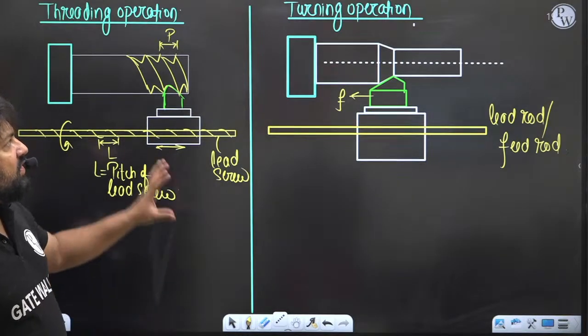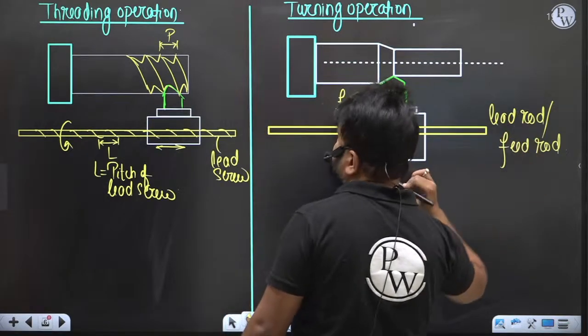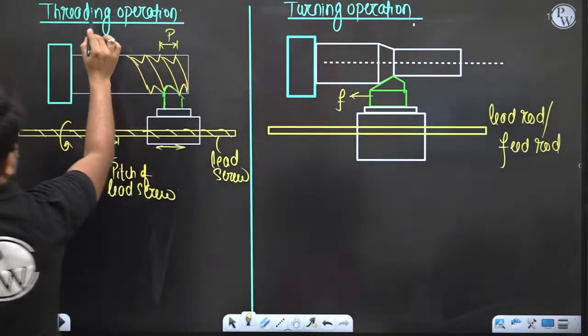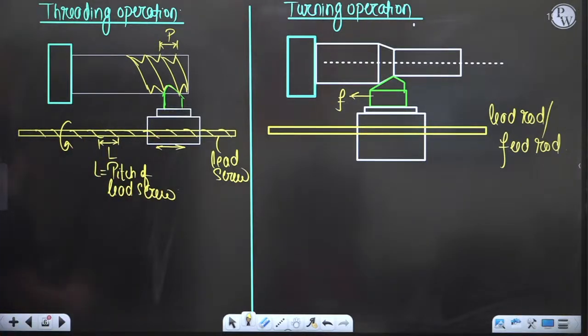So if you want to do a turning operation, the lead rod comes into the picture. If you want to do a threading operation, your lead screw comes into the picture. I hope the concept is crystal clear.